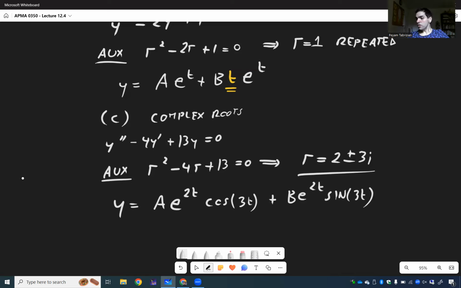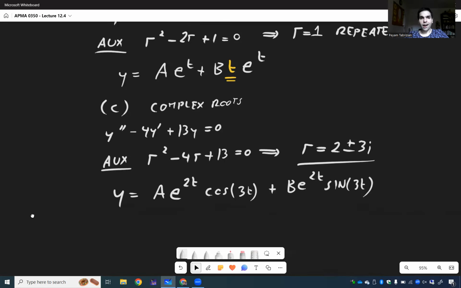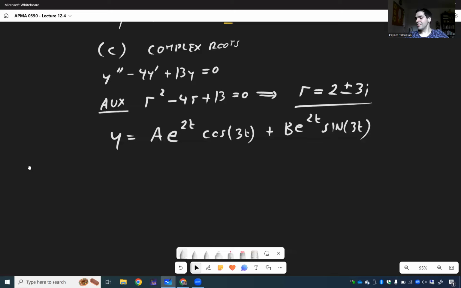And the good news is, those are really all the three cases there are, at least for constant coefficient second order equations. But also what's nice about this, for higher order equations, it's pretty much the same.